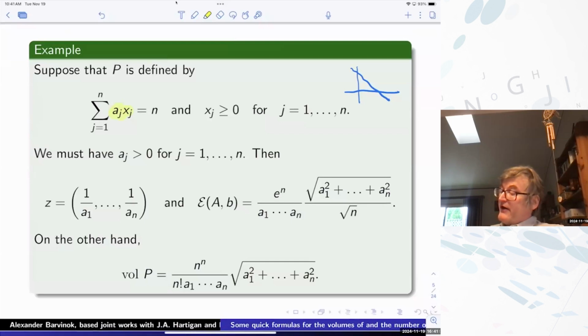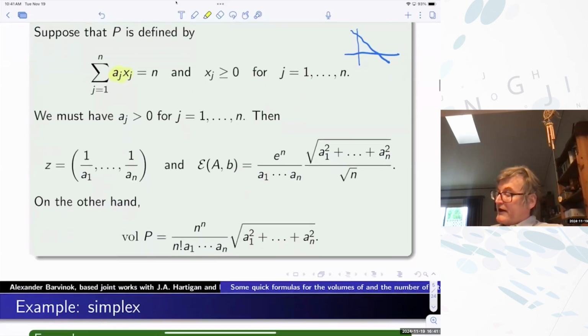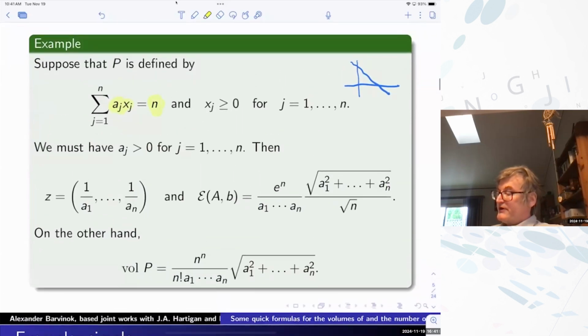And of course, I can scale that equation so the right-hand side is n, because it doesn't really matter, the estimate and the volume scale accordingly. So then the analytic center is not very hard to figure out. It's just the reciprocals of those coordinates here, right? And the estimate that we get is this.